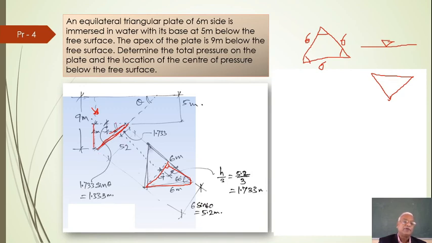The angle theta we don't know, but this is 4 meters. So in this triangle, the angle can be calculated, right? So how do we do that? This point, if you look at the centroid, which is h by 3, not 6 by 3, 5.2 by 3, is 1.733 meters.